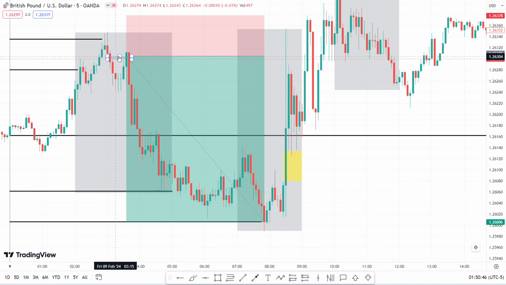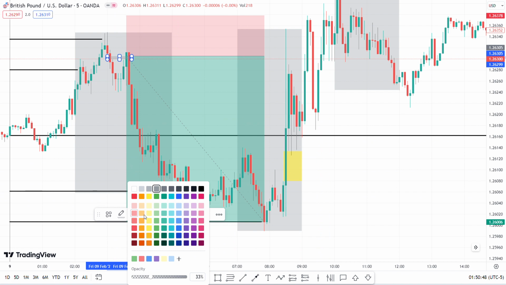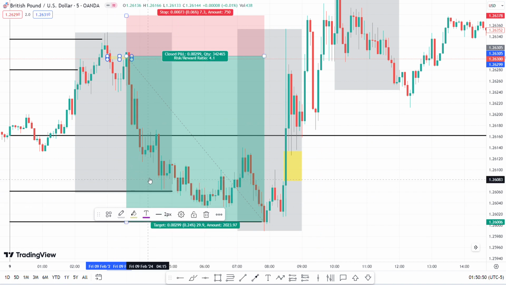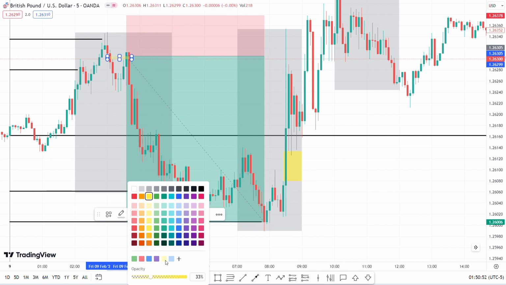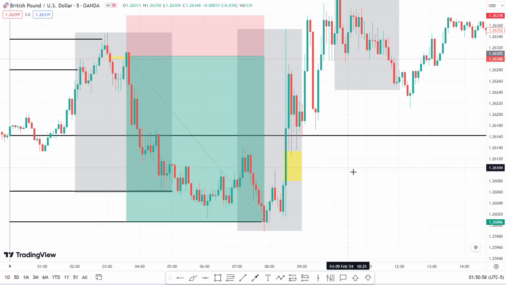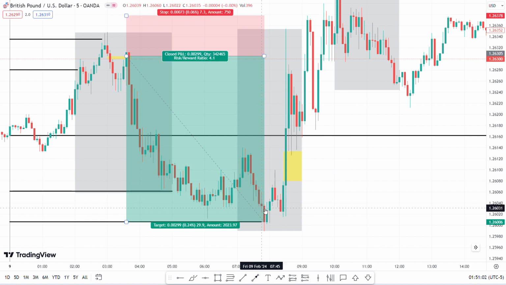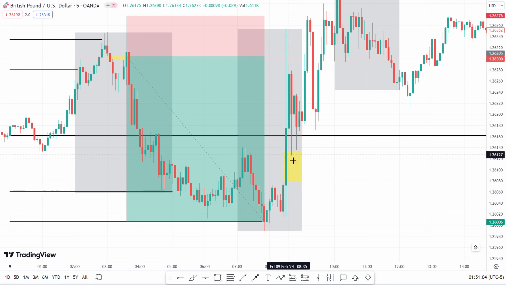Let's do the same one with this. Yellow, 60%. So that's the first fair value gap made.